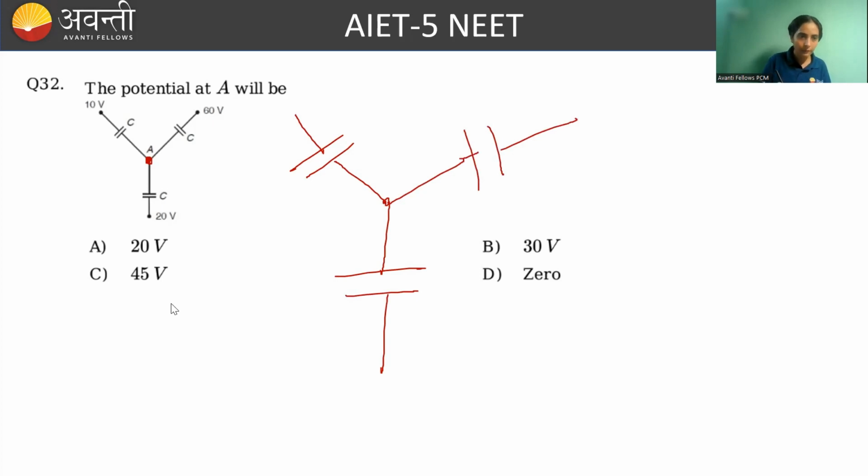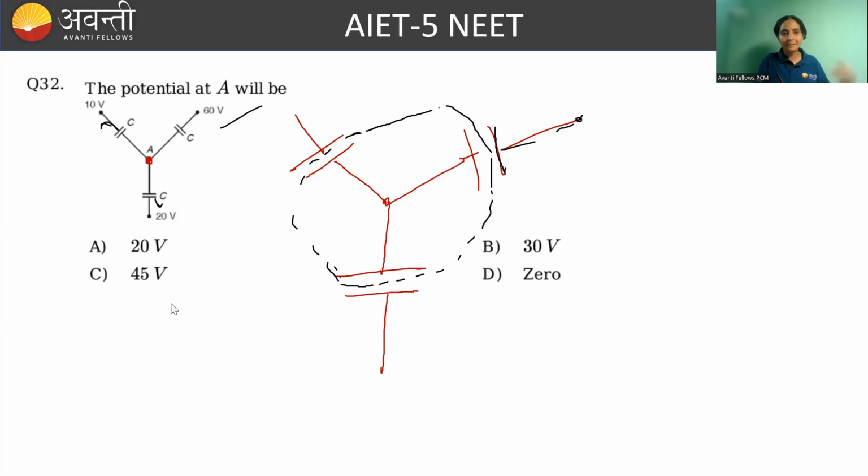If you carefully see, these three combinations of capacitors, these three plates are not connected to any voltage source. This plate is connected to a voltage source of 60 volt. Similarly, this plate is connected to 10 volt and this plate is connected to 20 volt. But the other plates of all three capacitors are connected to a common point A, which is not biased or supplied with any voltage.